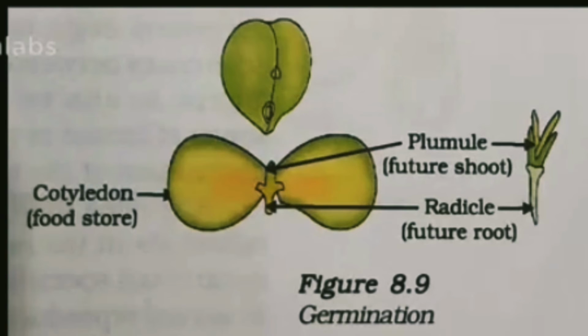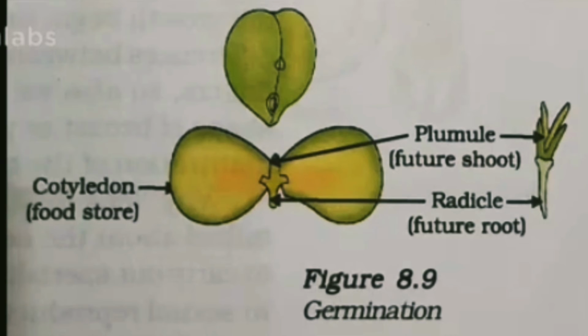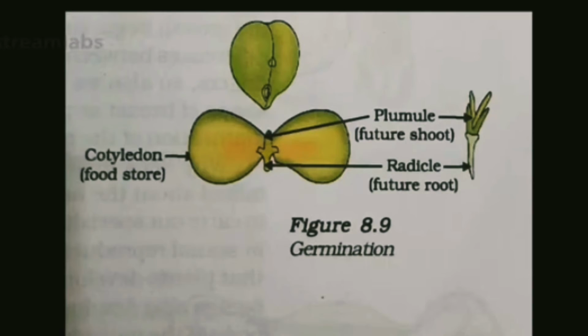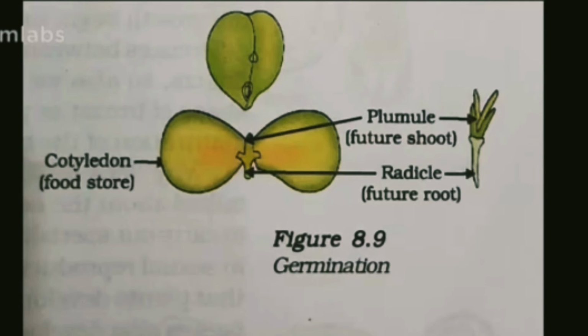Okay, what do you think, is it monocot or dicot? This is dicot because there are two cotyledons. When you provide water for the dried seeds, they germinate. In monocots, during germination the seed remains within the soil.